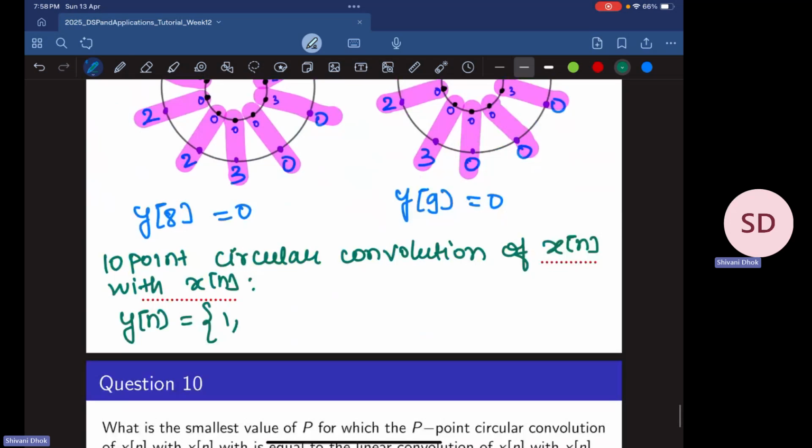So we have 1, 4, 8, 14, 16, 12, 9 and 3 times 0. So this is starting at n equal to 0.